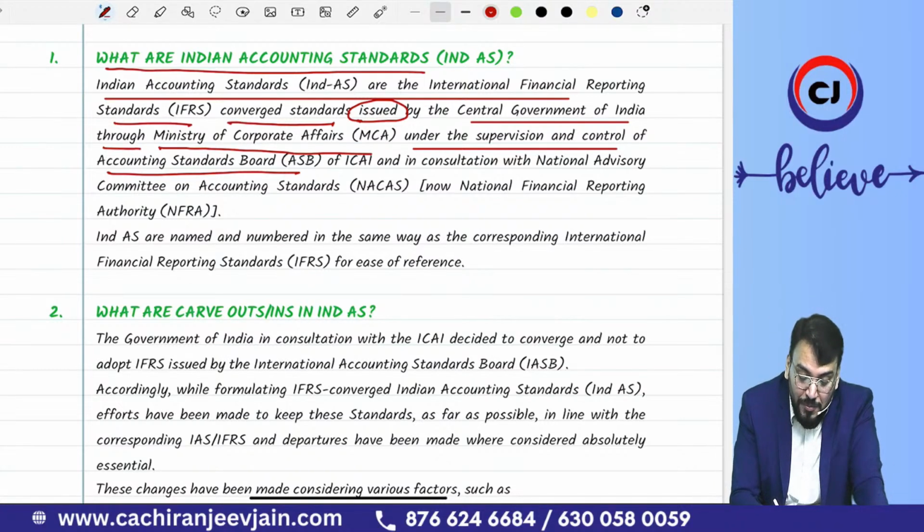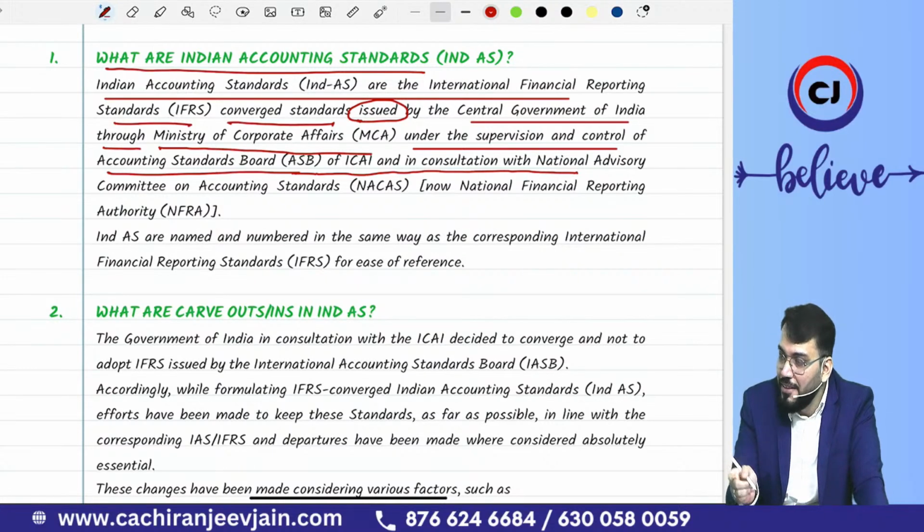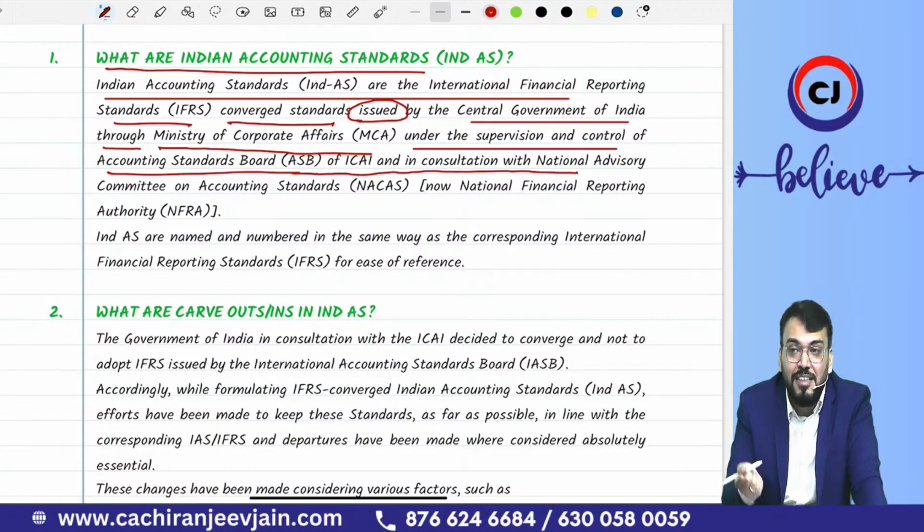Under the supervision of ASB, the Accounting Standards Board of ICAI, and in consultation with NFRA. Previously we used to call it NACAS, the National Advisory Committee on Accounting Standards.